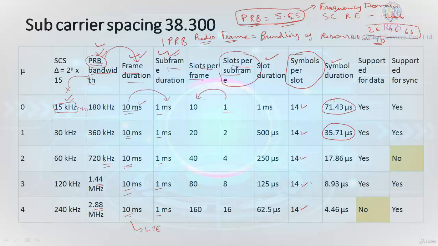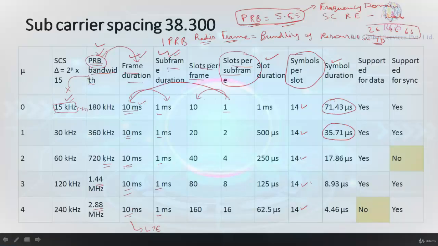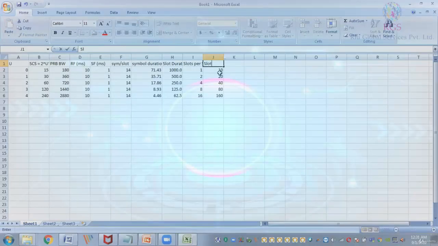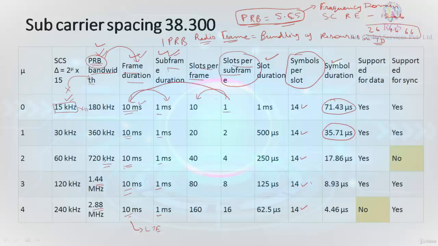This times 10, because 10 subframes makes one frame. Slots per frame. So I hope now this calculation makes it easier for you to understand everything.